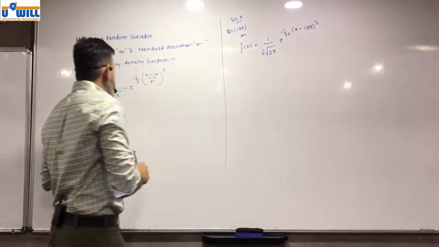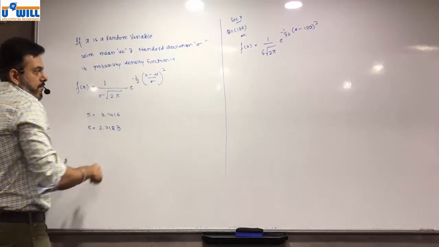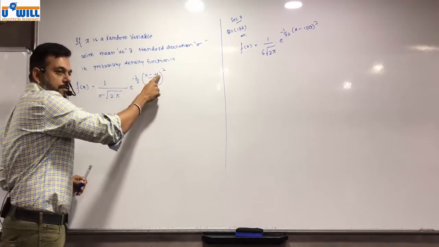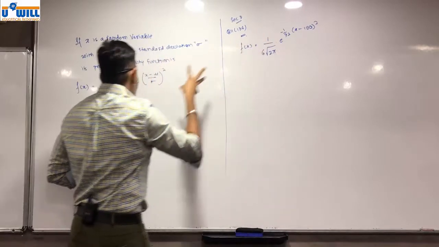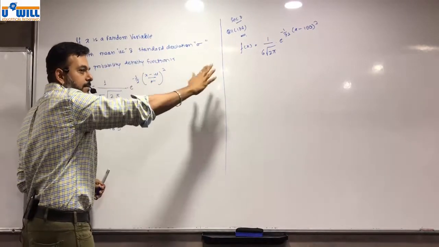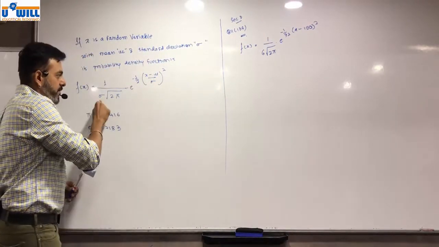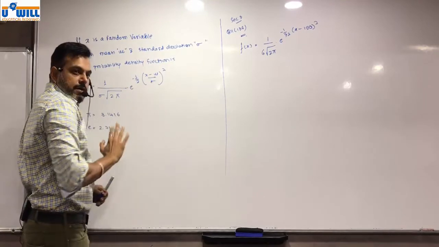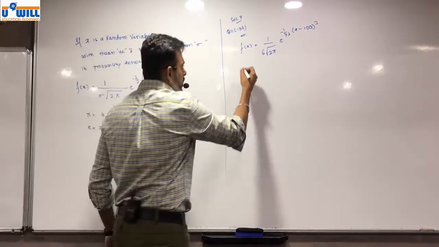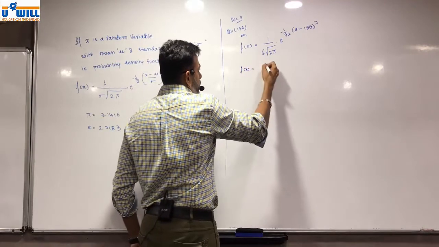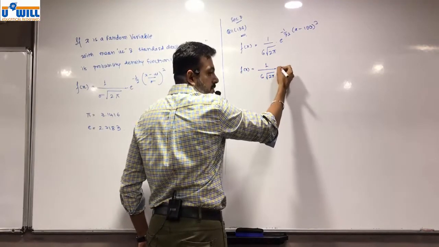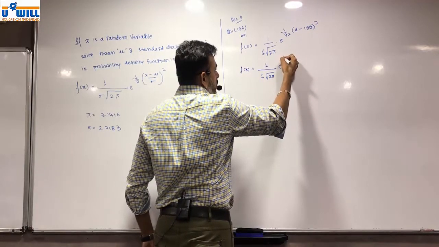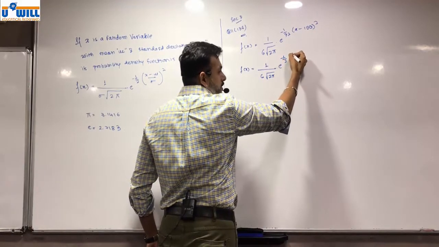Okay, now what we have to find is, we have to find the value of mu. Now we have to bring this equation in a format equal to this, then we can compare and then we can show. Therefore, sigma is this and mu is this. So I will convert this equation. F of x is equal to 1 upon 6 under root 2 pi as it is. E raised to, what I want is minus 1 by 2.